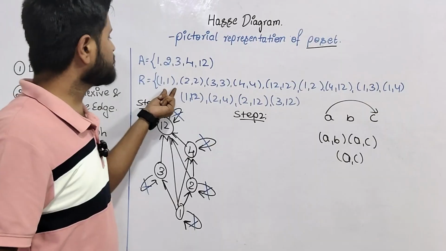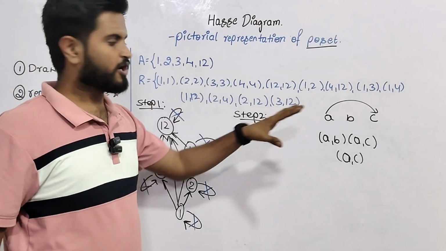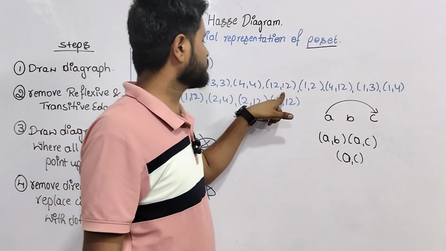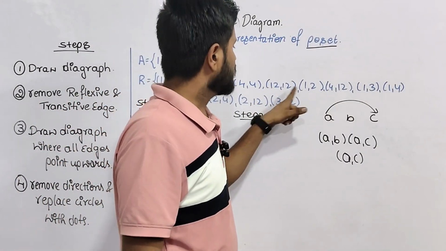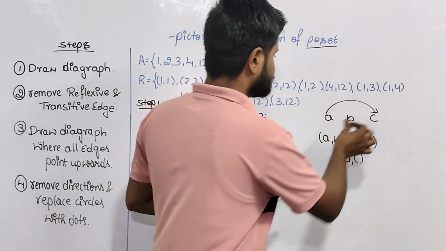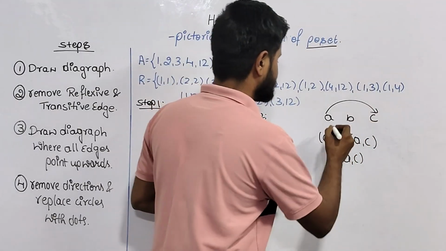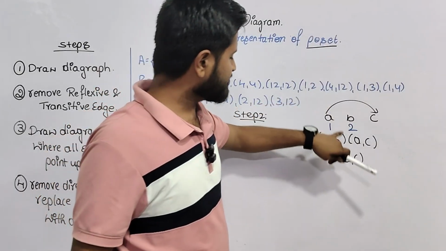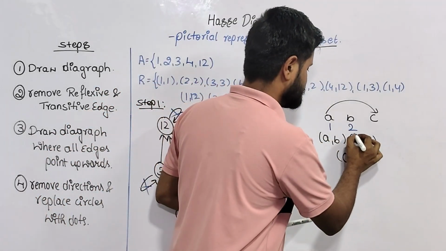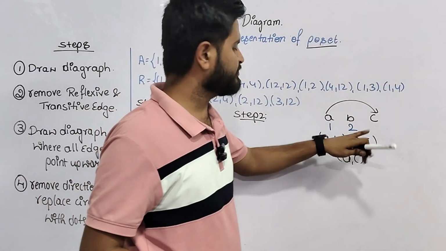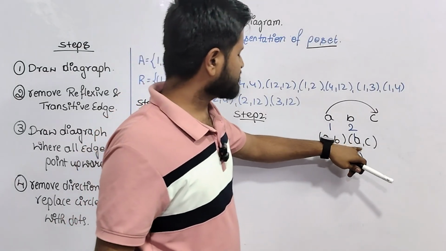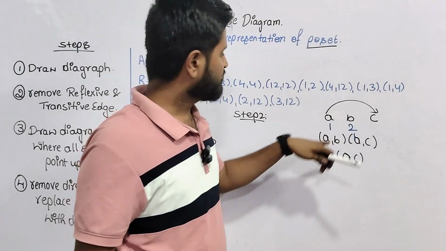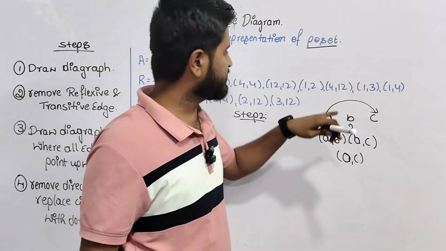So the reflexive pairs 1 comma 1, 2 comma 2, 3 comma 3, 4 comma 4, 12 comma 12 will not be considered here. 1 comma 2: let's assign A value as 1 and B value as 2. Now let's see whether there is a relation from B to C. So let's search for the C value. The relation must start from 2 itself.